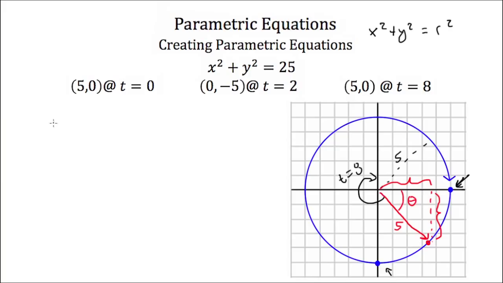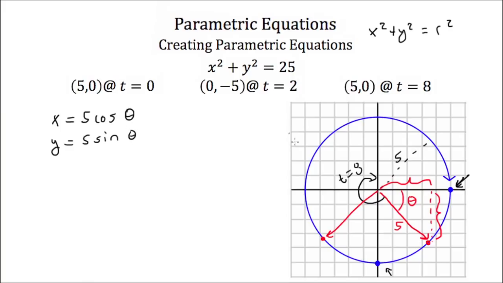So I would say x is equal to 5 times the cosine of theta. And y is equal to 5 times the sine of theta. Now if I chose a different point on my circle, say this point here, well then I could use the exact same x and y equations based on my new version of theta.